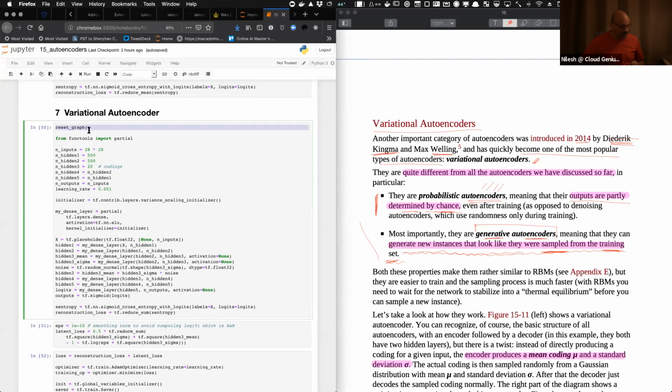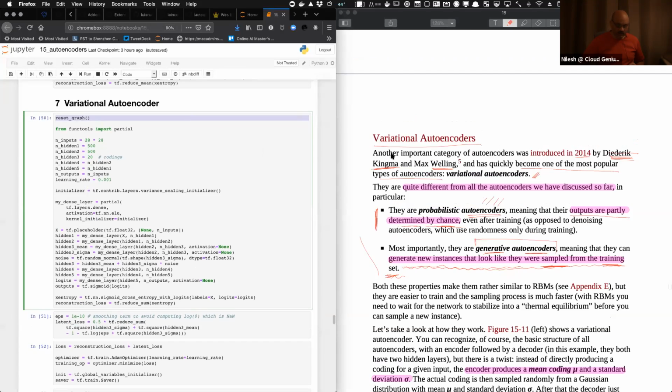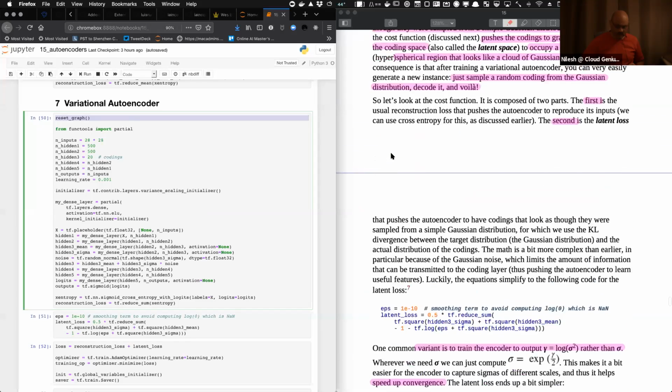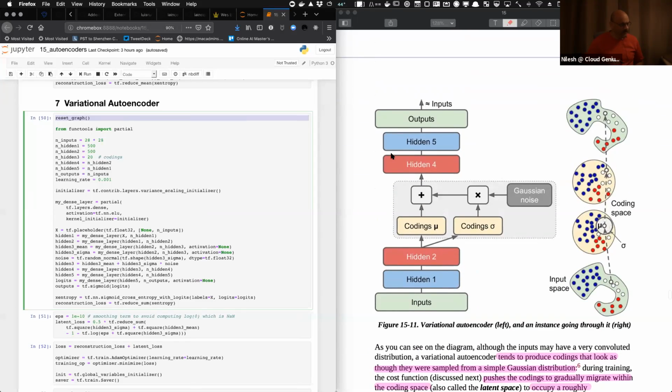Variational autoencoders. What we are dealing with here is this picture. Where is that picture? Down here, I think, this picture. That's what we are really dealing with. And let's go read that. So here we have our graph reset. We are importing partial from functools.